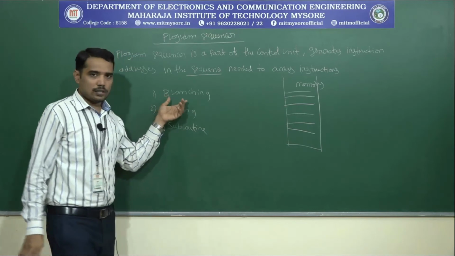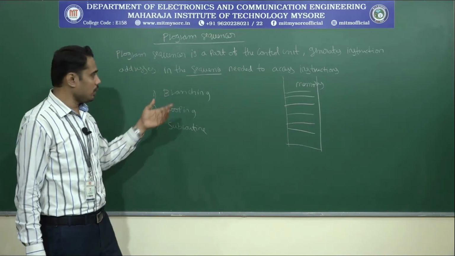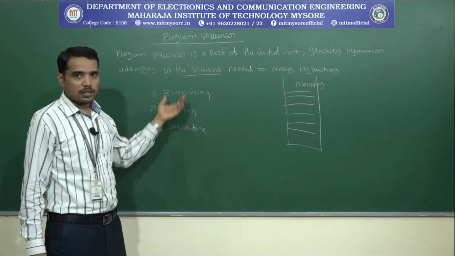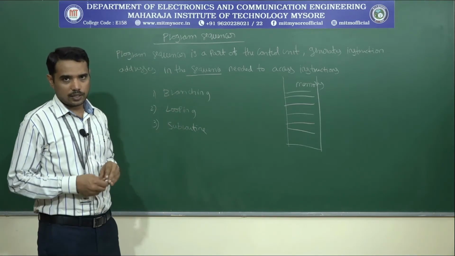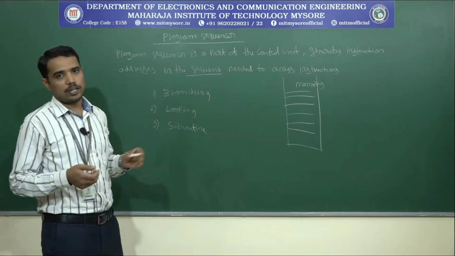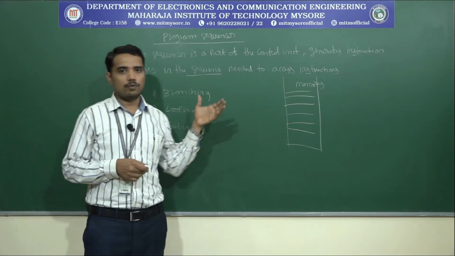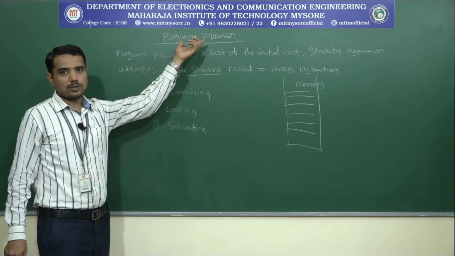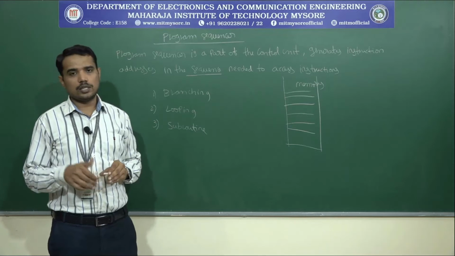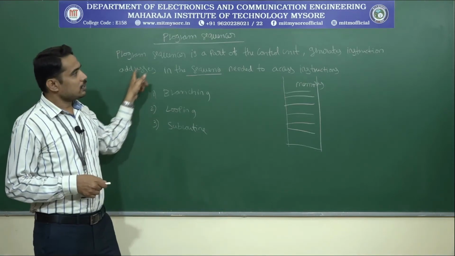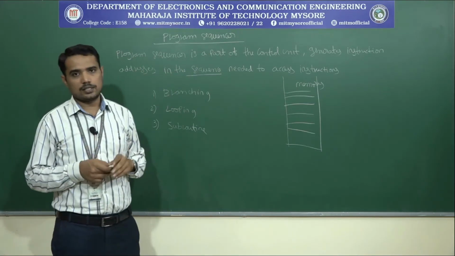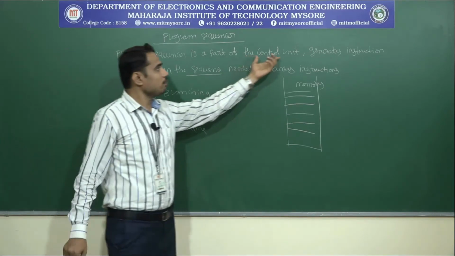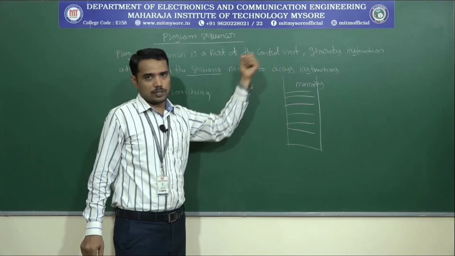If in the program we are going to make use of branching, looping, subroutine, all three or any one of the techniques, then what happens? Then the normal flow will not occur. Then the program sequencer has to work in order to generate the address of the next instruction by calculating with respect to a part of control unit.